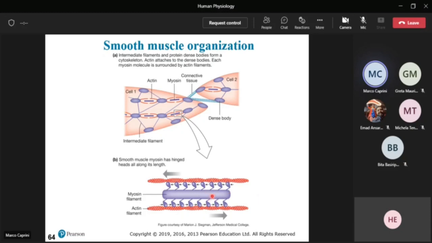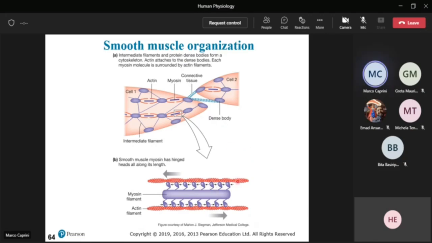The actin is associated also in this case with the tropomyosin, but smooth muscle cells lack the troponin. Do you remember the role of troponin during the contraction of the skeletal muscle? Yeah, it's the calcium. Exactly. It binds to calcium and it's important for the contraction.